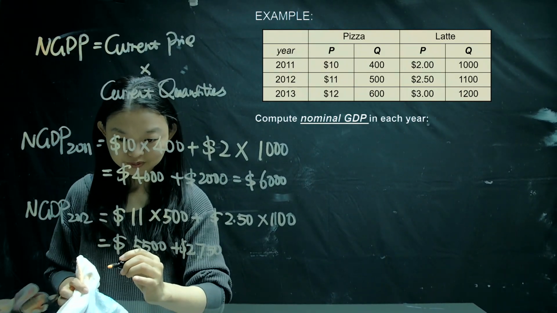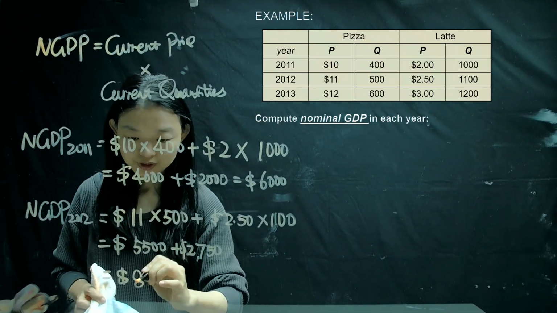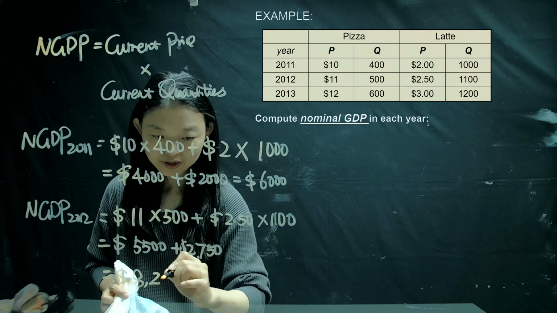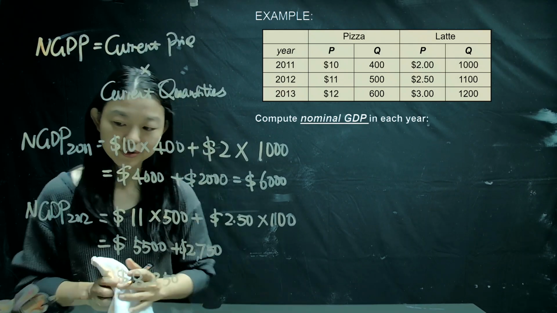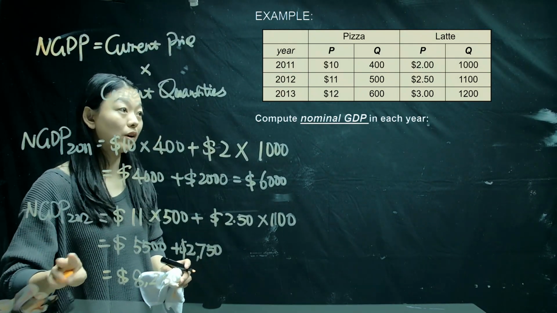So in total, we have $8,250 for nominal GDP in 2012.